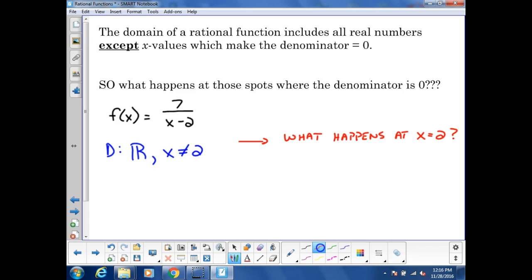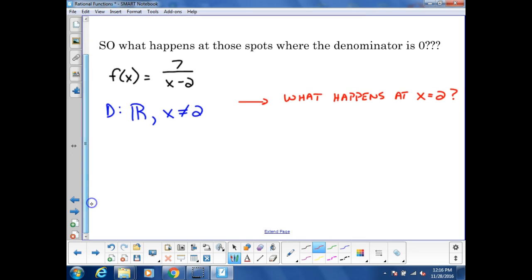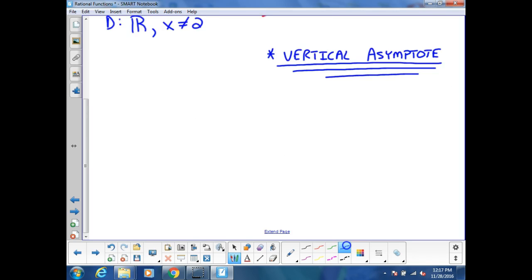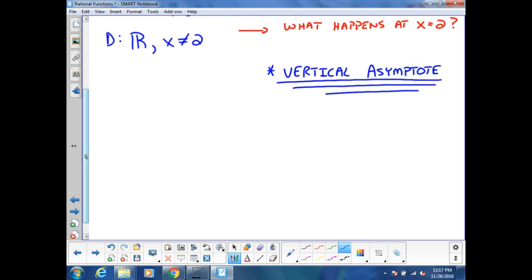So what happens there is something called a vertical asymptote. A vertical asymptote is a couple of things.